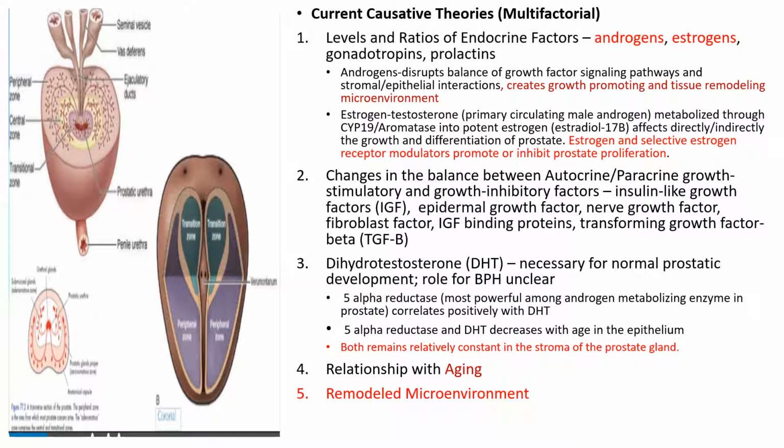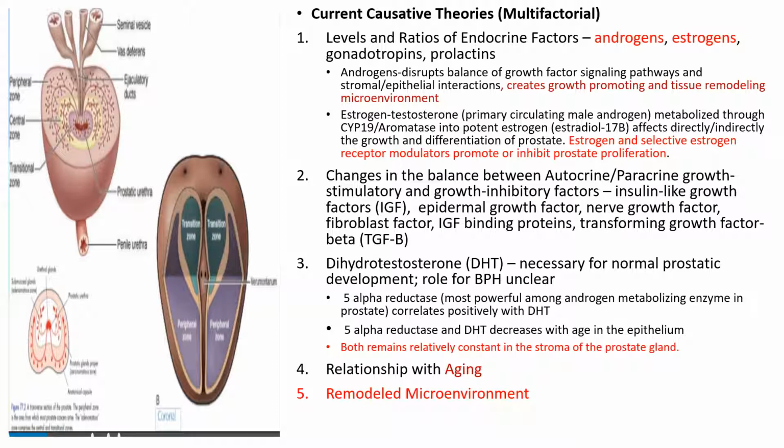Number 1, levels and ratios of endocrine factors. Androgens are noted to create a growth-promoting and tissue-remodeling microenvironment in the prostate. Estrogen, on the other hand, promotes or inhibits prostate proliferation. Number 2, there are changes in the balance between autocrine, paracrine, growth stimulatory, and growth inhibitory factors.